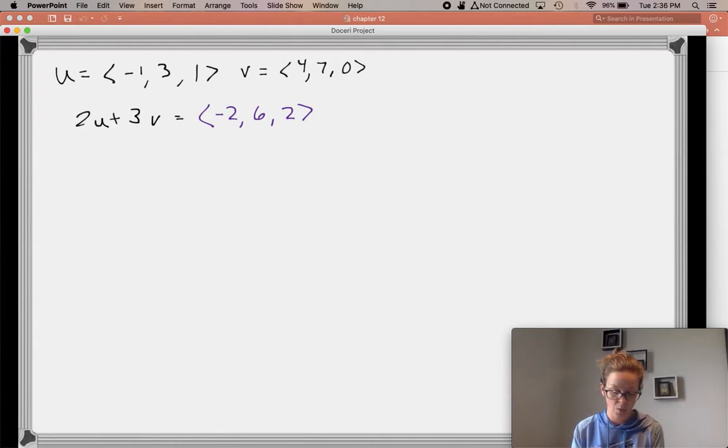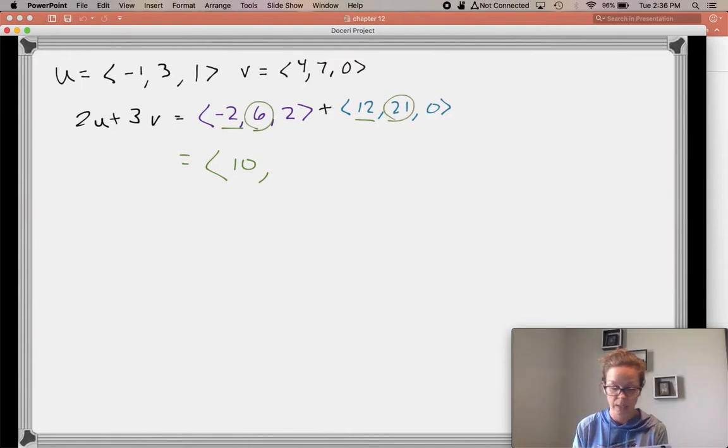Then I'm adding that to 3 times vector v, so I distribute a 3 through vector v. For my final answer, I put together these two vectors component-wise. The first piece with the first piece makes 10, the second with the second makes 27, and the last with the last makes 2. That would be our final answer to the sum of 2u plus 3v.